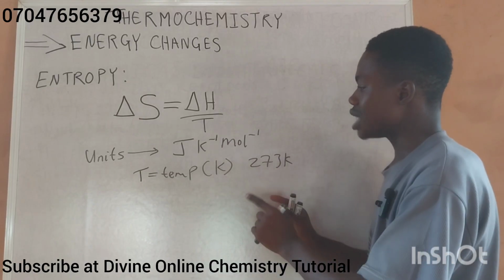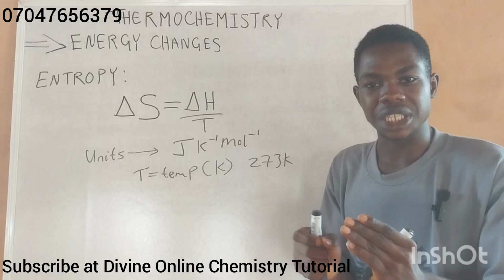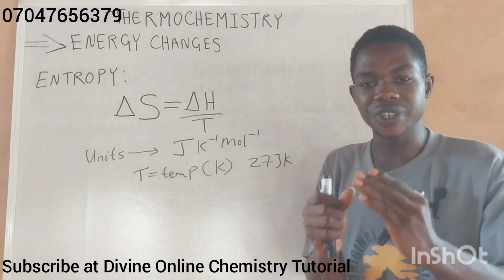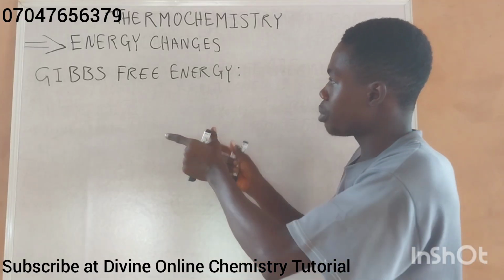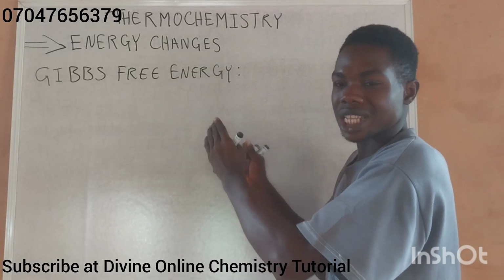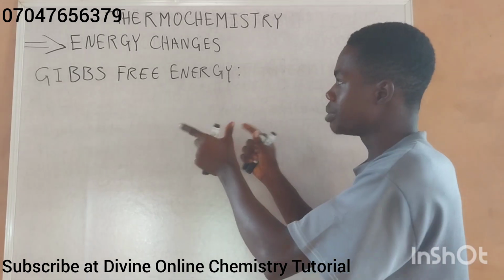Now, from here, we'll be moving straight away to the last part of today's lesson, which happens to be Gibbs free energy, or free energy. Now, what is Gibbs free energy?